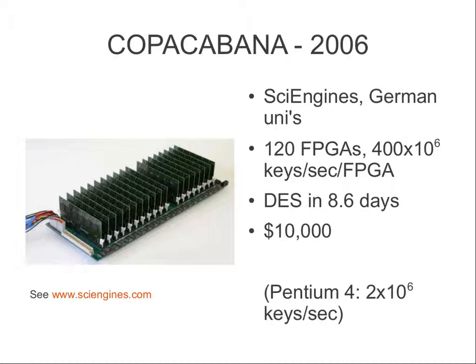They could do about 400 million operations per second per FPGA. And with a set, they could break DES in about 8 days. But it only cost $10,000 in that case. At about the same time, a normal PC, a Pentium 4 at that time, could do about 2 million keys per second. This hardware could do about 400 million. So that's just an example. If you use specialized hardware, you can go much faster than a normal computer.